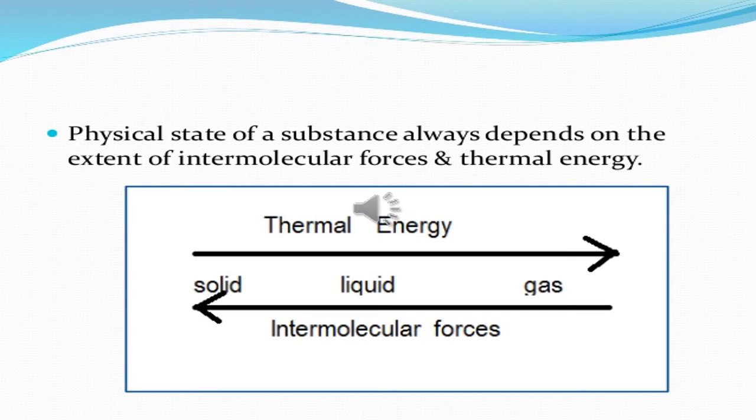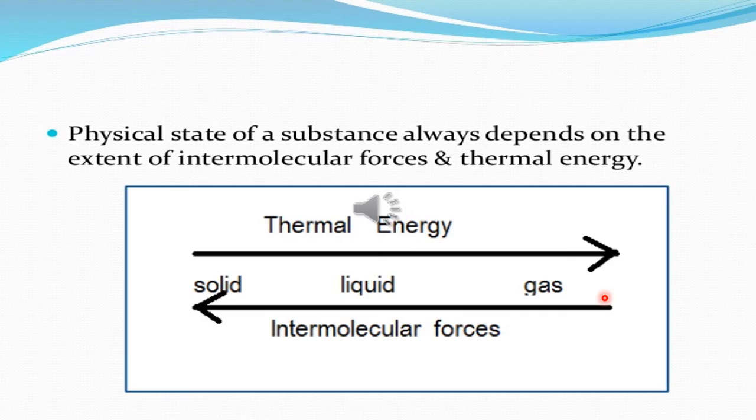Now this arrow mark will tell the relation between thermal energy and intermolecular forces. If you move from solid to liquid to gas, thermal energy increases. That means the gaseous state of matter contains more thermal energy. And in terms of intermolecular forces, from gas to liquid to solid, it is in increasing order.